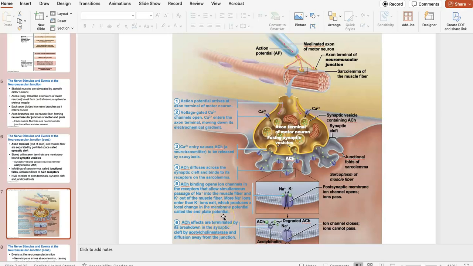Now, don't worry about numbers in terms of voltages or threshold for the muscle content here. We're not going to cover that. All you need to know is that the action potential forms. It's important to remember, when we compare this action potential to the one in the neuron, that one of the bigger differences is how it propagates.